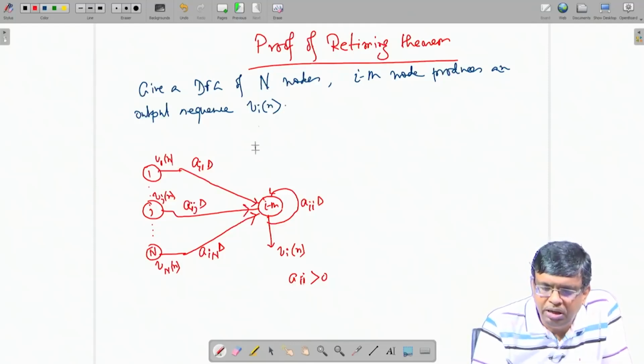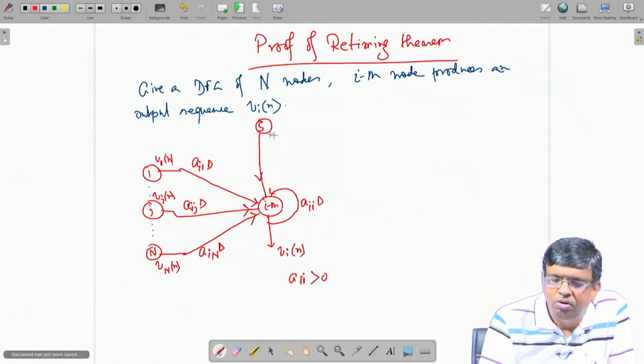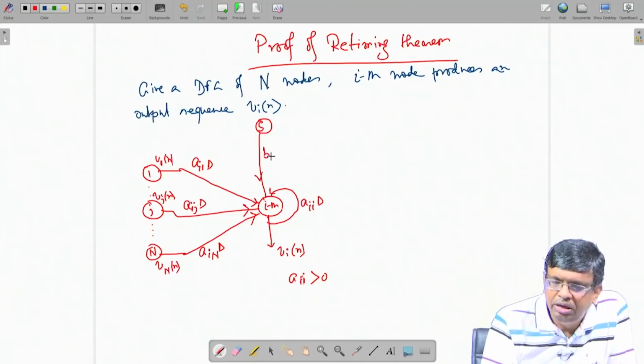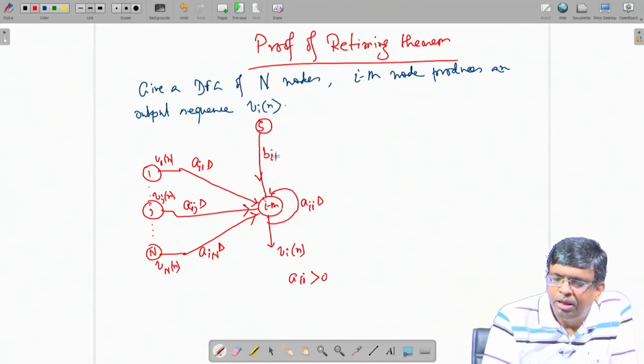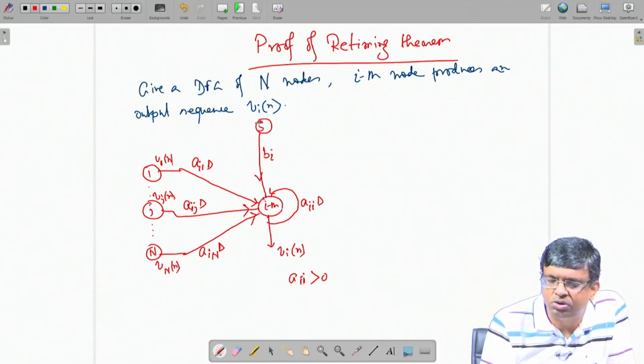And then there may be an external signal source, I call it S. So, there may be an edge coming from there also with some delay b_i. Here I am writing only i, I am not putting any second index, because here the node is fixed, it is a particular, specific node, the signal source node. It does not have any index like 1, 2, 3.